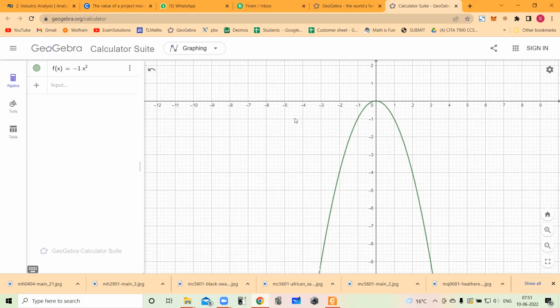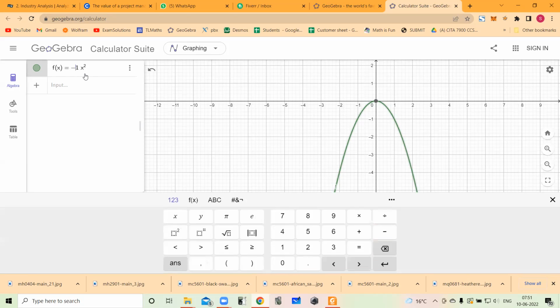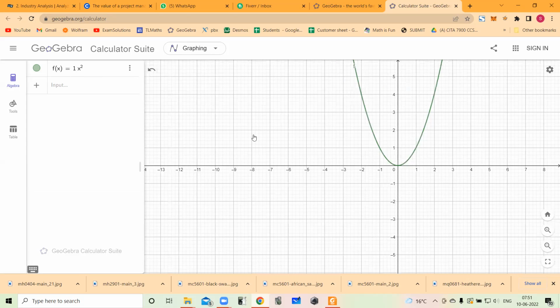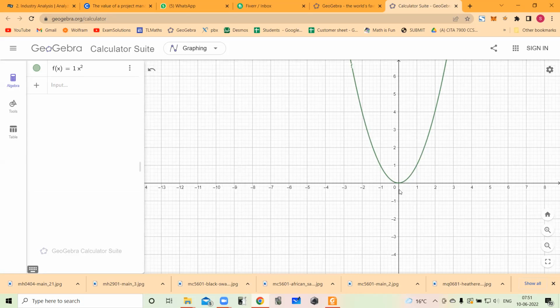So positive cup. I'll be putting positive again back. A is positive, it's like a cup. Then what is the vertex? Is it minimum or maximum? It's the minimum. That means when A is positive, the vertex will be minimum.